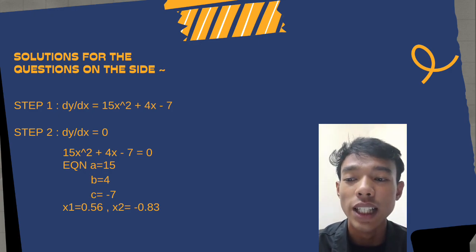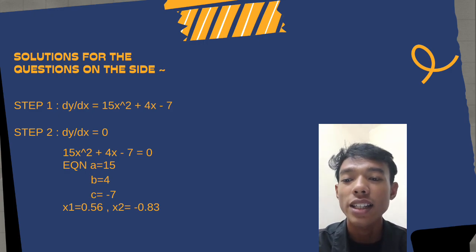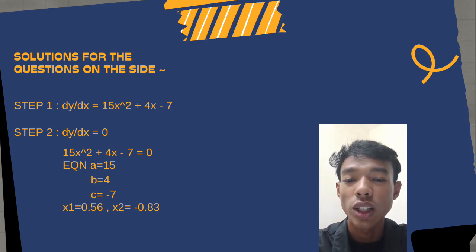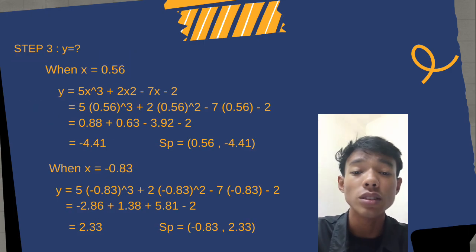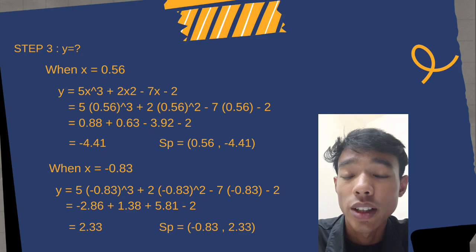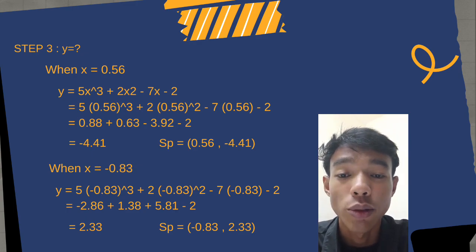And then we can get the answers x1 = 0.56 and x2 = -0.83. Step 3, we want to find the answer for y.